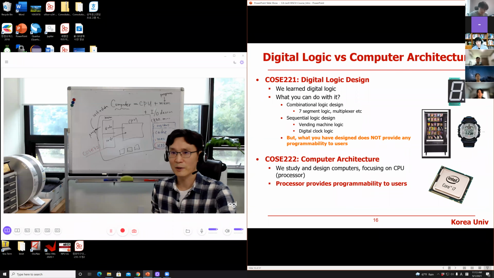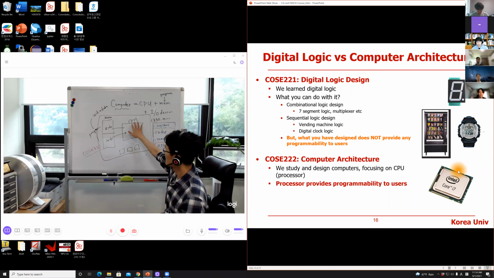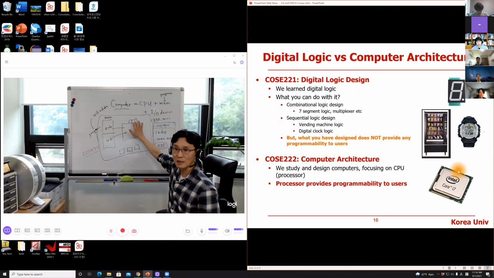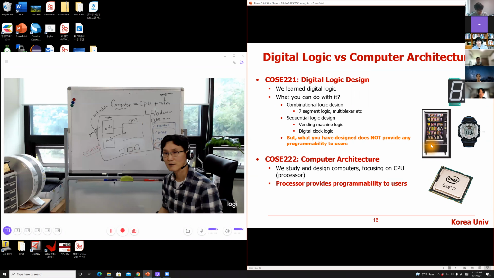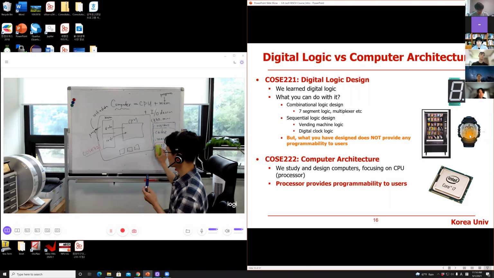Thanks. This slide is trying to compare these two courses. I assume you have taken digital logic design last semester. What is the difference between these two? Some simple digital logic versus a CPU. The thing is, a CPU is built with digital logic, the same technique. When you designed vending machine logic or a digital clock, what did you do?